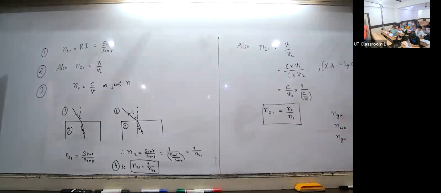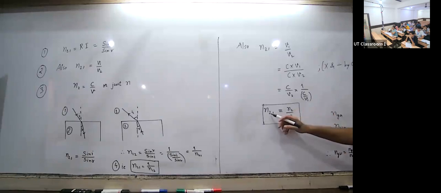What is N GW? So therefore N GW will be equal to N W by N G. Oh, sorry, it got reversed. N G by N W. That's why the number is also required, to keep track of the sequence. Always the second medium on top in terms of absolute refractive index.